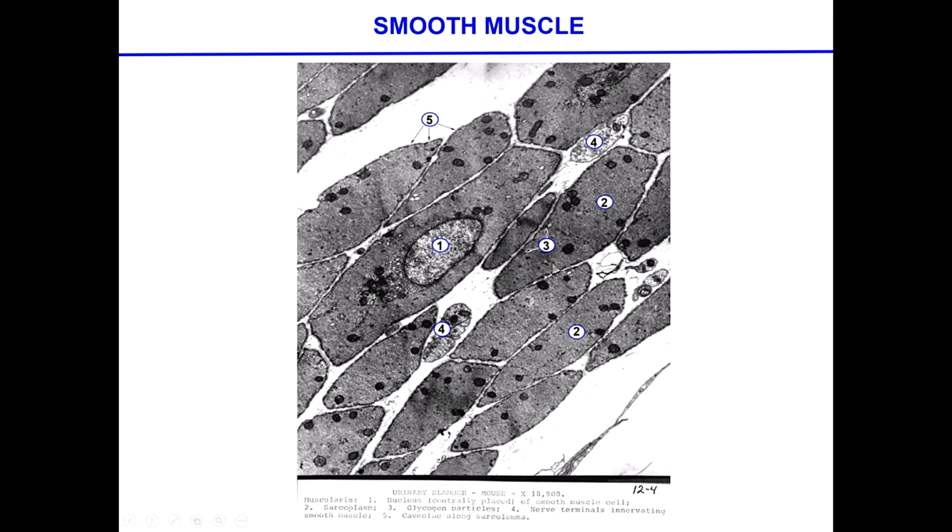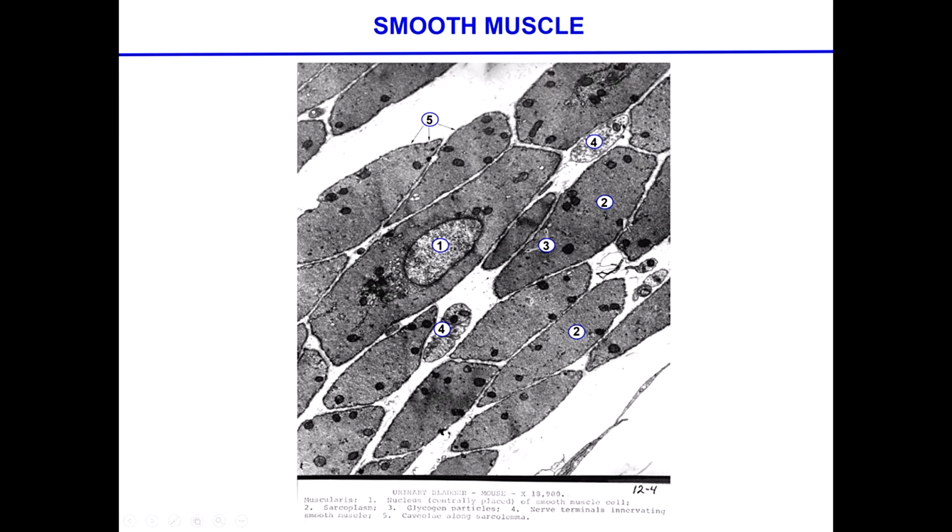Number three is tiny little things that you can see inside the cells. You can see them in some that are not being shown with the arrows, in portions close to the membrane, which are glycogen particles. The glycogen accumulated inside the cells is also a potential source of energy.